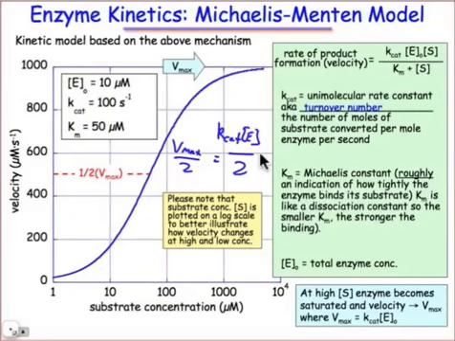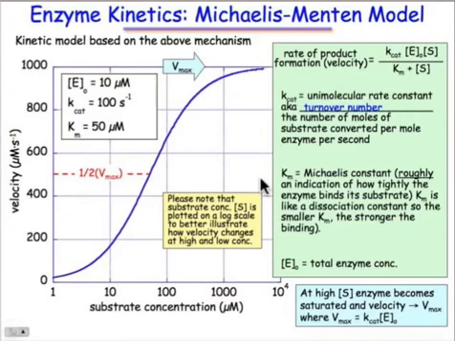And so if we just set this velocity of Vmax over 2 equal to the Michaelis expression for velocity, kcat times the concentration of enzyme times the concentration of substrate over Km plus substrate, you can go ahead and solve that for the concentration of substrate, and what you'll be left with is, at Vmax over 2, the concentration of substrate that brings about that velocity is just equal to Km. So when the substrate concentration is equal to Km, we're going to have Vmax over 2.